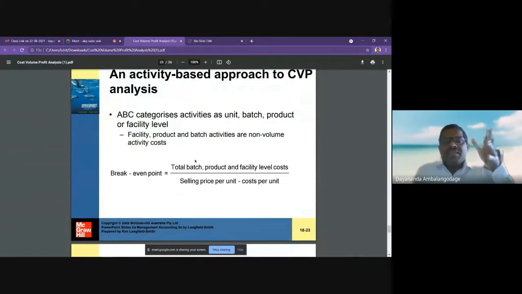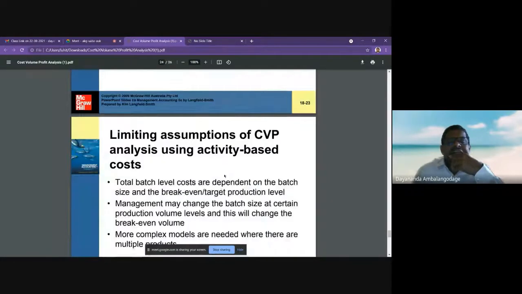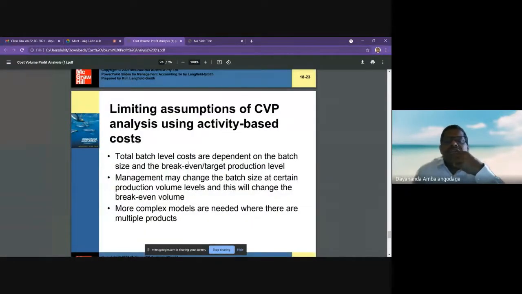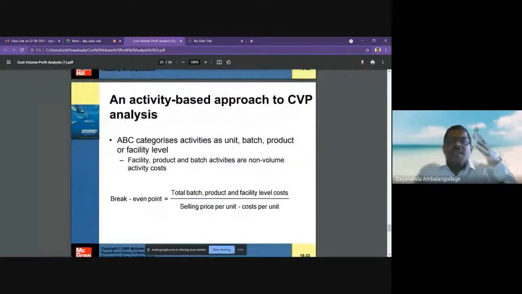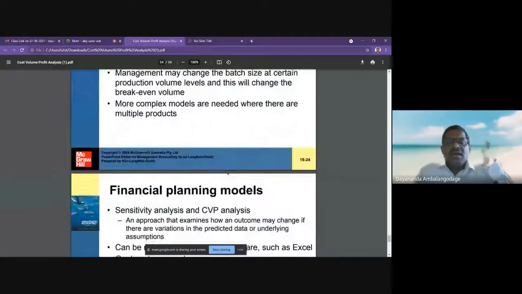Activity-based costing is a new costing technique which emerged because of Japanese management techniques. There you talk about batch cost and so on. A limitation of the assumptions is that total batch level costs are dependent on batch size and management may change. This is a limitation of activity-based costing again.